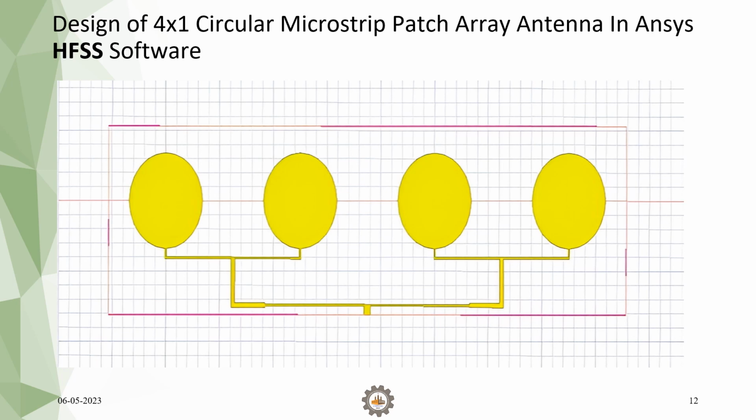Here, the quarter wave transformer divides the power equally to the circular patches. We can observe there are 4 circular patches, and the length and width are computed using the previously mentioned formulas. Here, we get an equal impedance of 50 ohm, and at the transmission feed line we get an input impedance of 50 ohm, and by using the formula we get the equivalent impedance as 70.7 here.